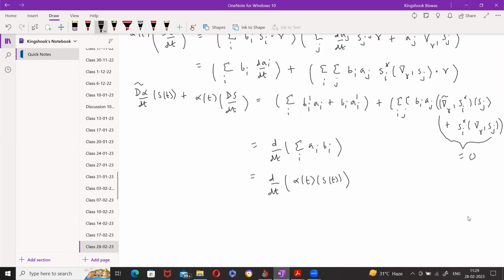Yes, is this okay? Yes, sir. Yeah, so that's the first part. And the second part, you have to show that if P is the parallel transport from, say, gamma 0 to gamma 1, right?